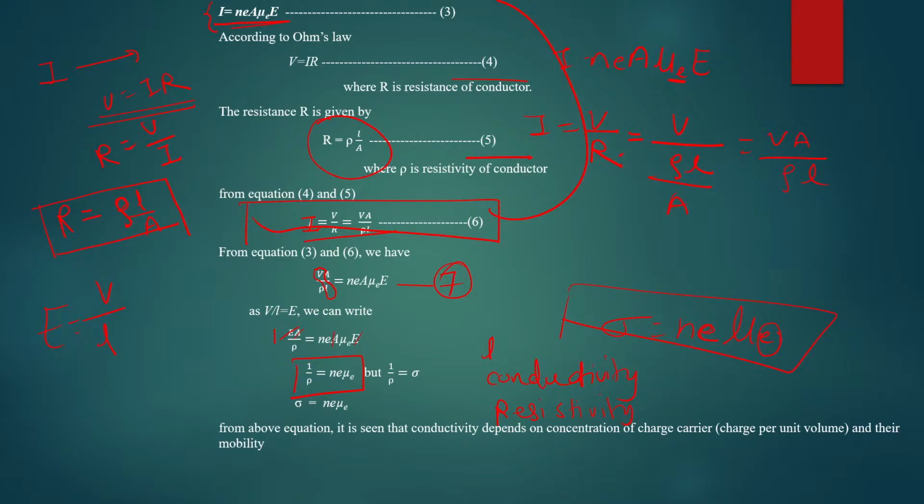So 1 by rho is nothing but the conductivity, which we signify by sigma. So this is the last point: sigma is equal to N e mu E.